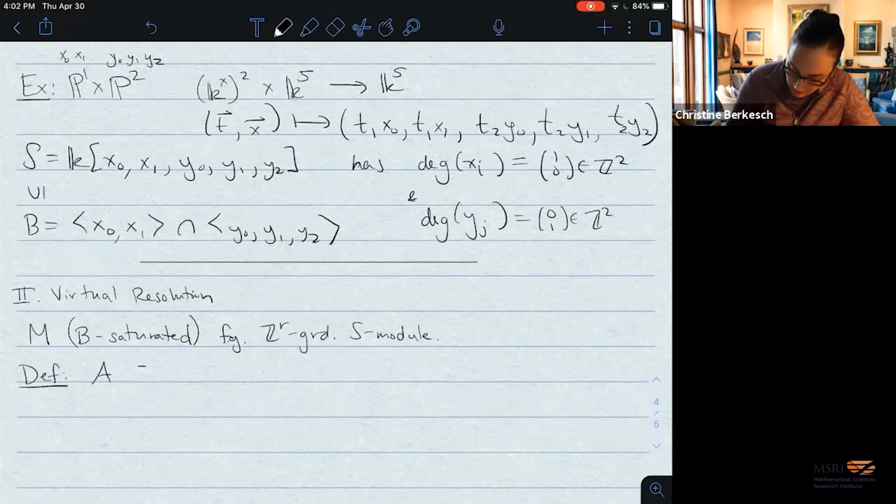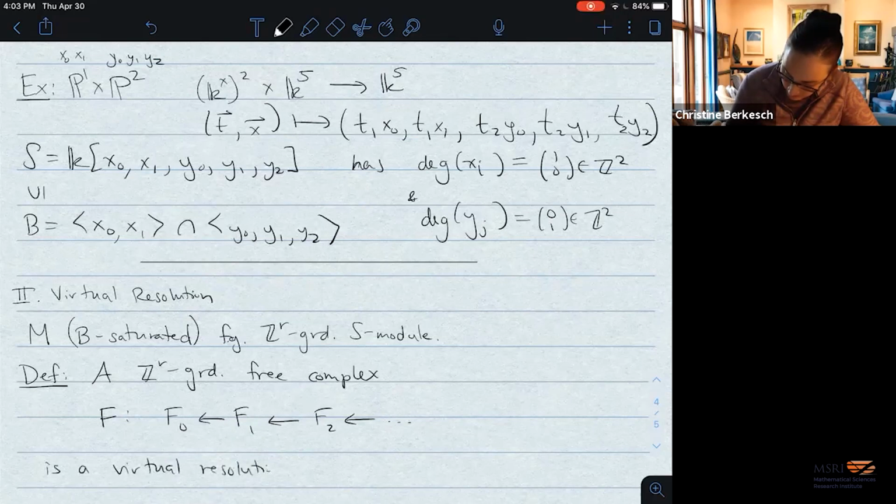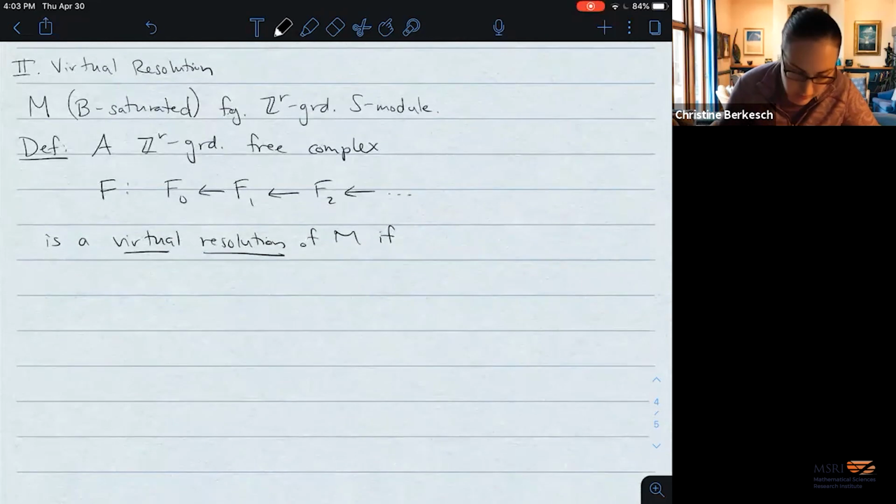Okay, so a Z^r-graded free complex is a virtual resolution of M if the following things happen.